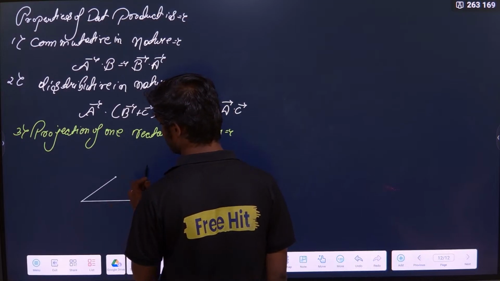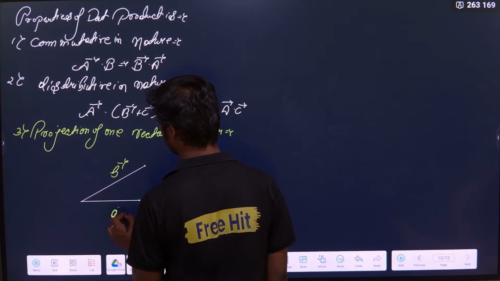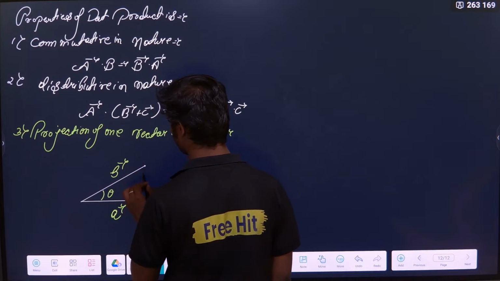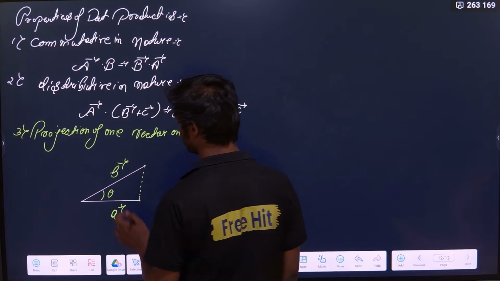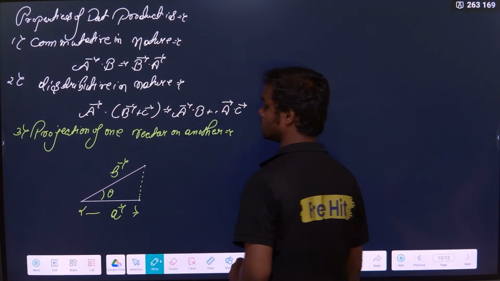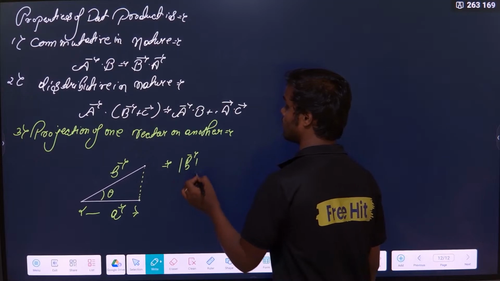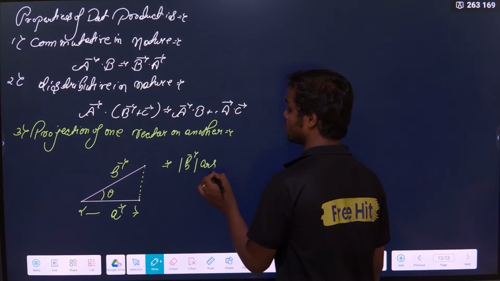Suppose this is my vector A, this is my vector B, and suppose this angle is theta. I want to project vector B on vector A, and this is going to be my projection. Now a simple question is how to find this projection. The projection will be simply given as mod of B into cos theta, correct?